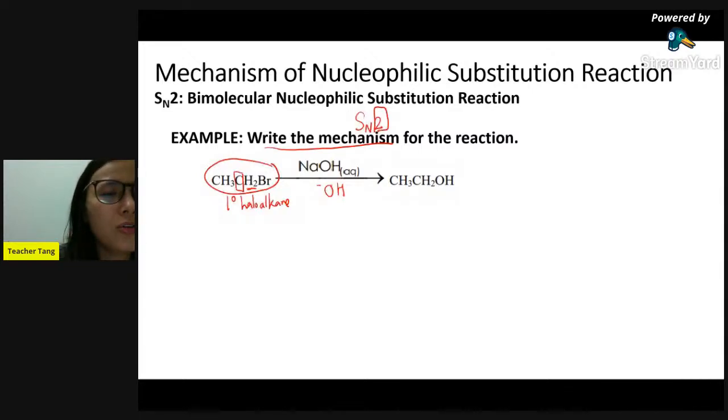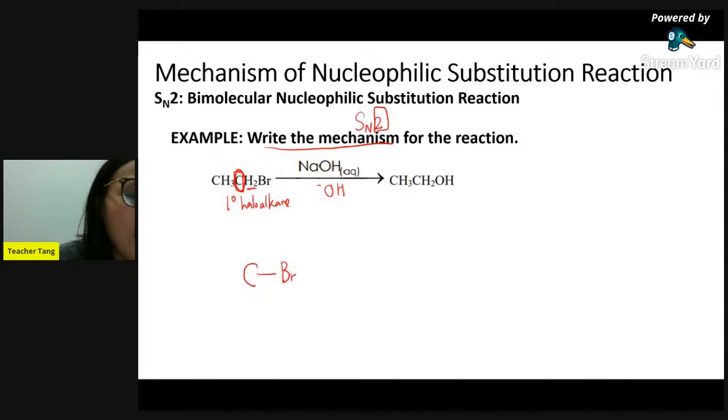Okay, so how do we draw it in the 3D tetrahedral shape? So first, we draw the carbon that is bonded to the halogen. So this is the carbon that is bonded to the halogen. And then we draw the 3D structure, the 3D bonds. So how do we draw the 3D bonds? Just like how you draw the enantiomers.